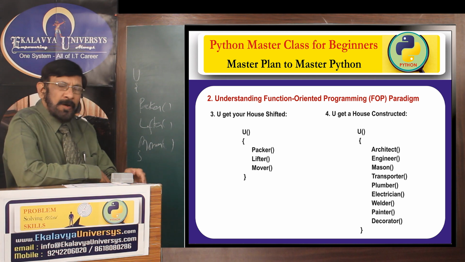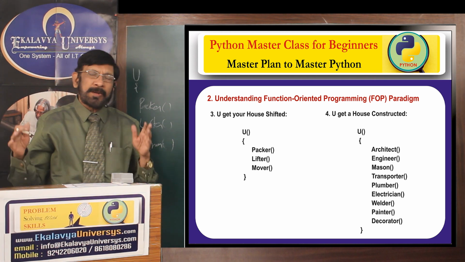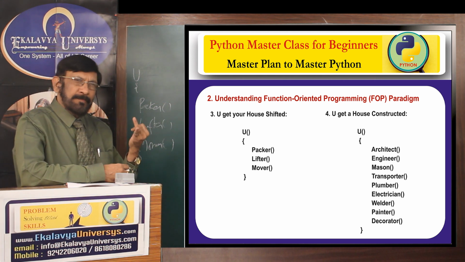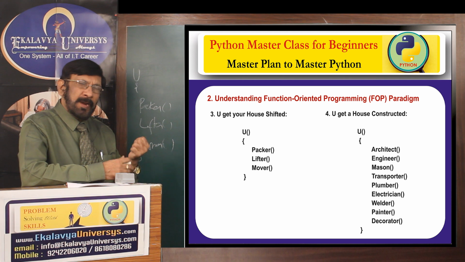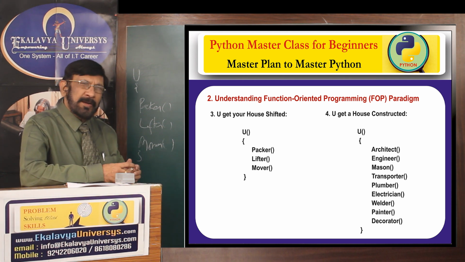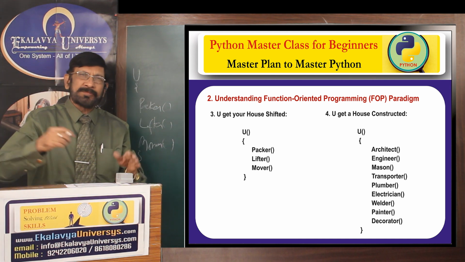You want to get your house constructed. In order to get your house constructed, you require a number of specialists like architect, engineer, mason, transporter, plumber, electrician, interior decorator, etc. 10 plus types of specialists you require. Now, how can you say how your house got constructed?